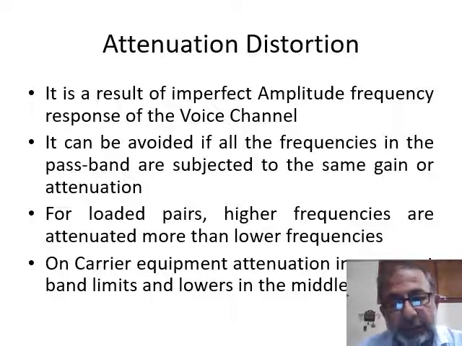But when we send the signal on a carrier system which provides band limits, then the frequencies closer to the band limits are attenuated more than those in the middle.